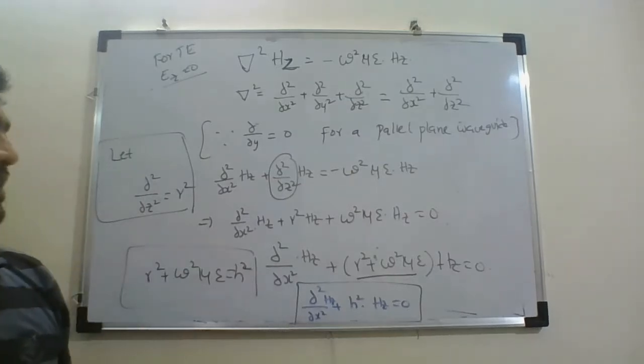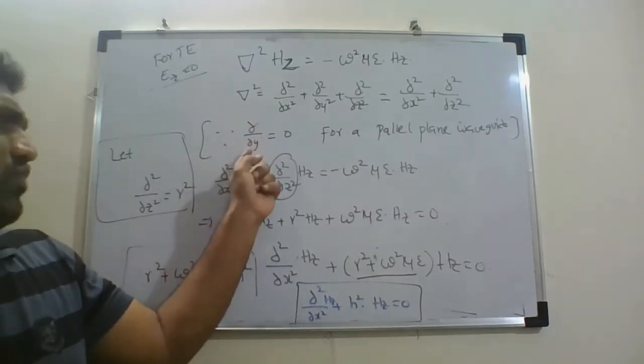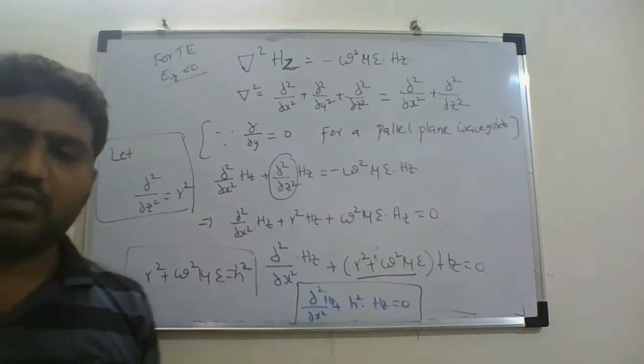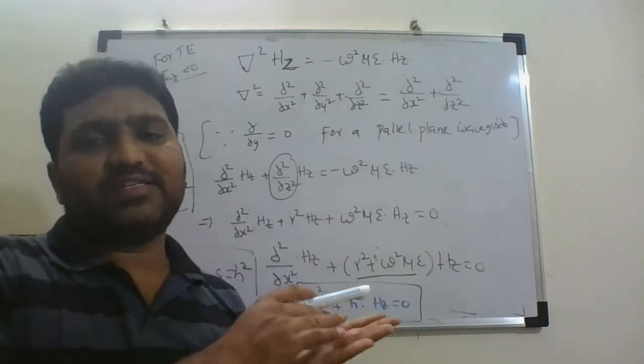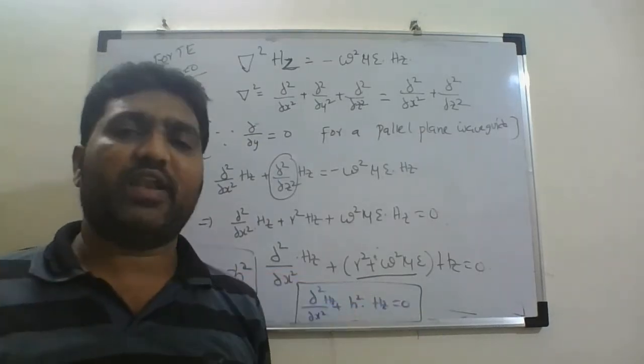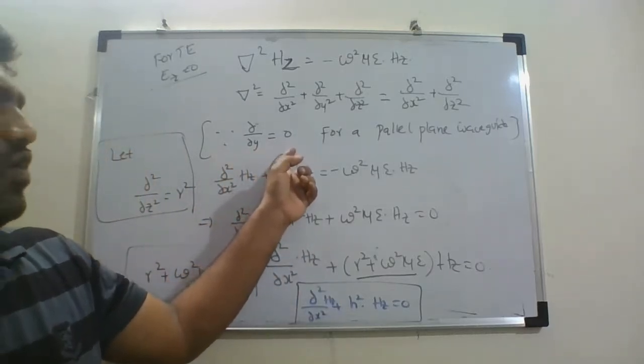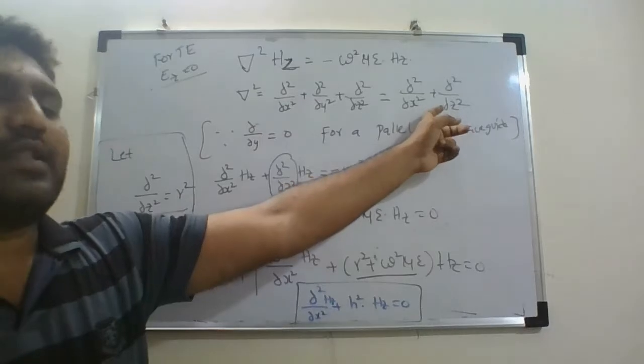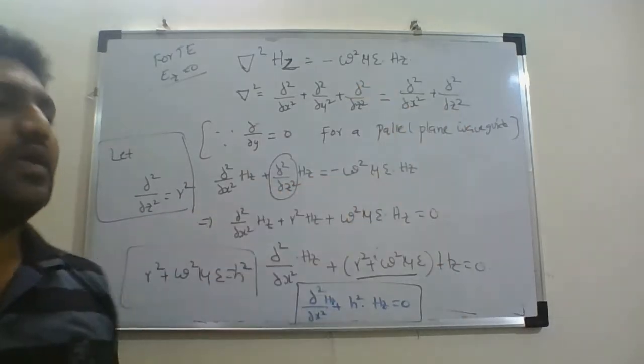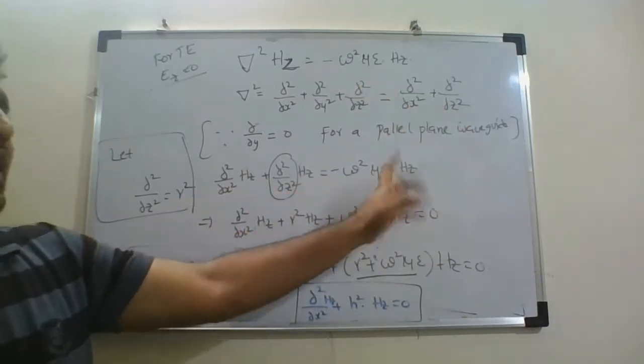But in a parallel plane waveguide, dou by dou y is always equal to 0. Why? Because the plates are assumed to be of infinite extent. So substituting dou by dou y equal to 0, we get del square modified like this. Now substituting it here, and get it.